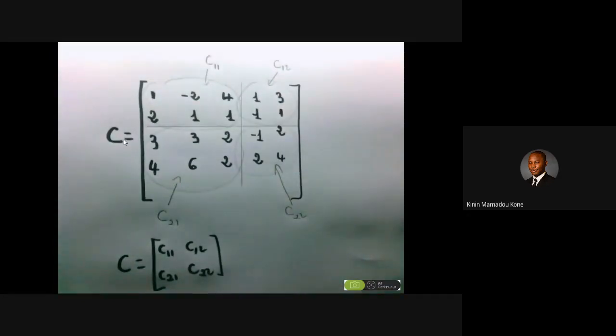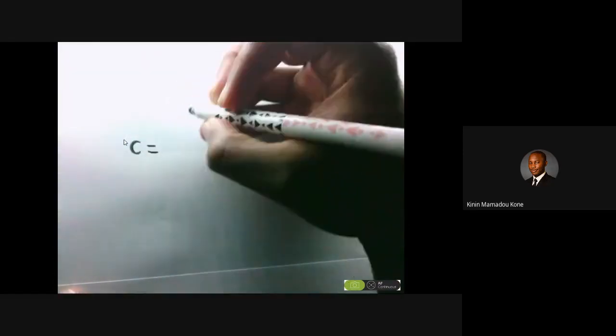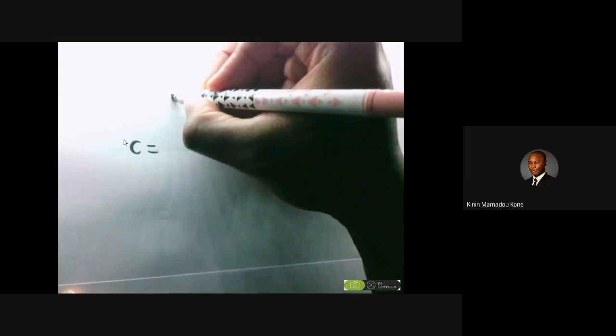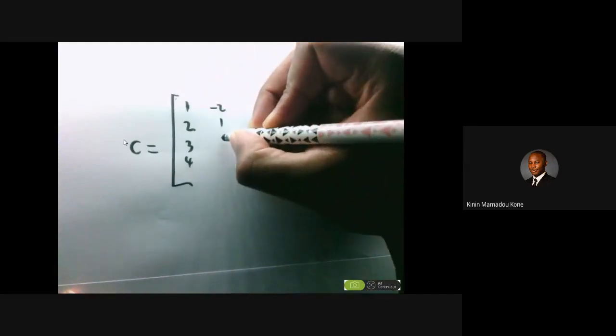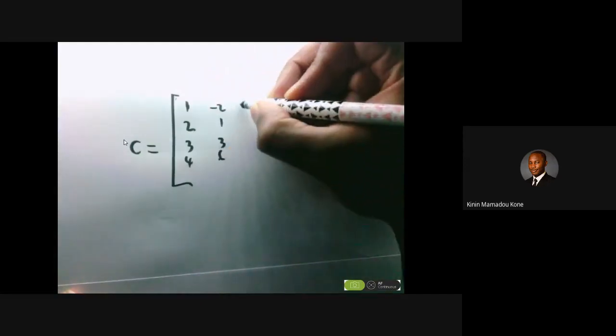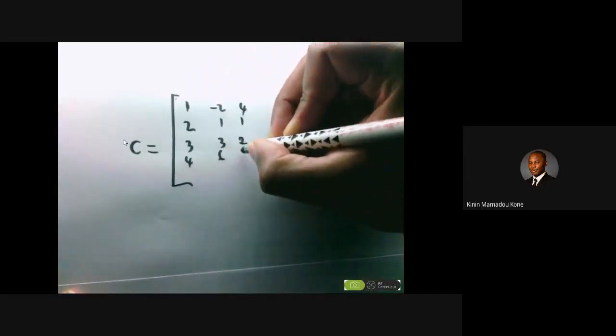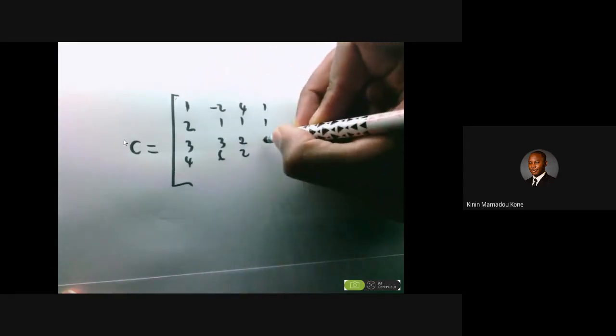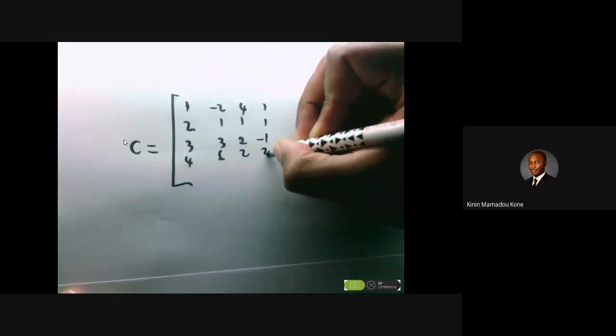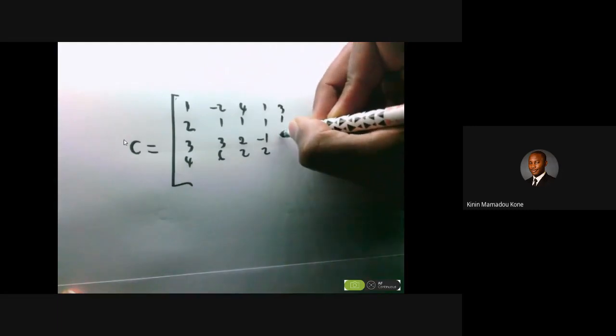We could have also partitioned it another way. Let me show you another way of partitioning it. The same matrix C: 1, 2, 3, 4, -2, 1, 3, 6, 4, 1, 2, 2, 1, 1, -1, 2, 3, 1, 2, 4.